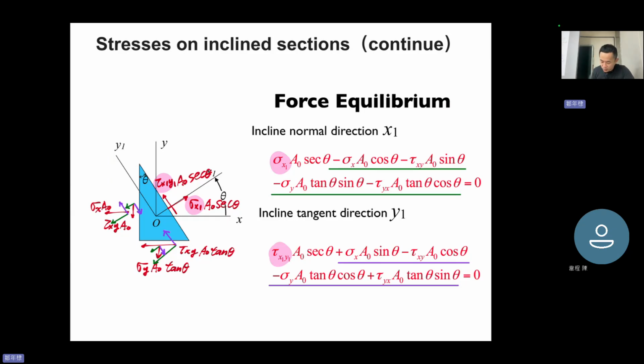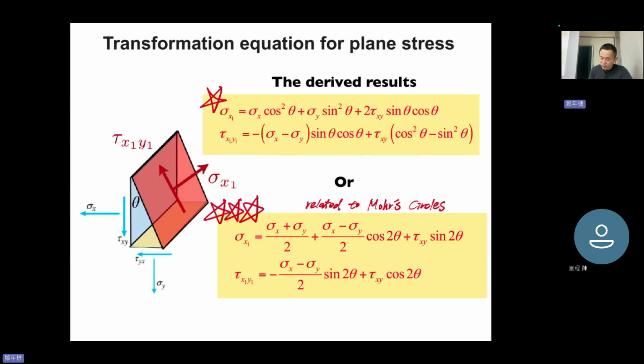So be careful. After you do the force equilibrium, you can learn the equation like this: sigma x1 and tau x1y1 in the new axis. The relationship between the original x and y direction, there's sigma and tau.